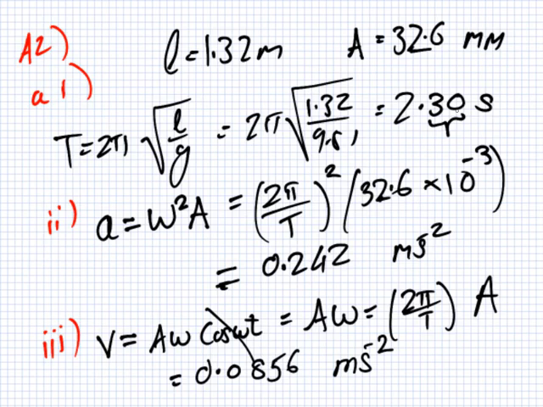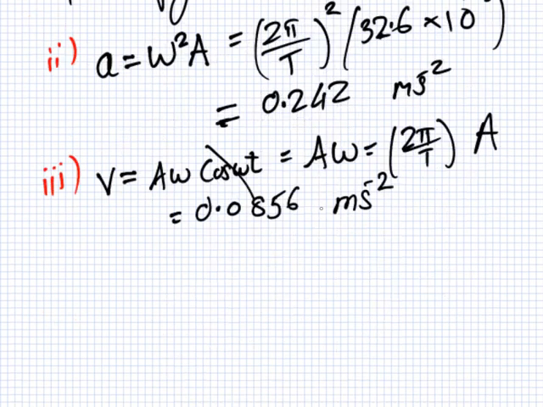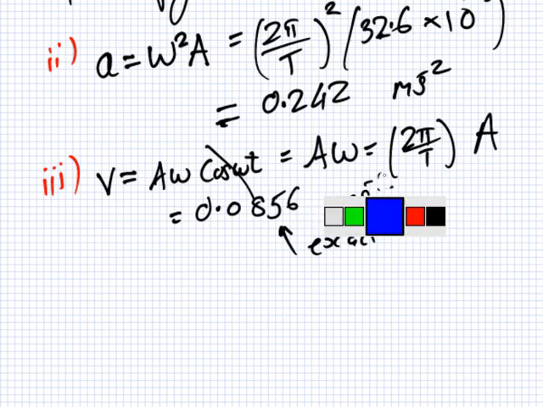But you're allowed to have a small difference in your final answer if it's because of rounding. So for example, this is actually the exact answer. Oh, sorry, meters per second, thank you. This is the exact answer. The marking scheme has this answer.